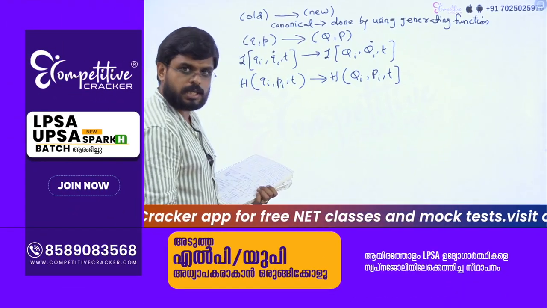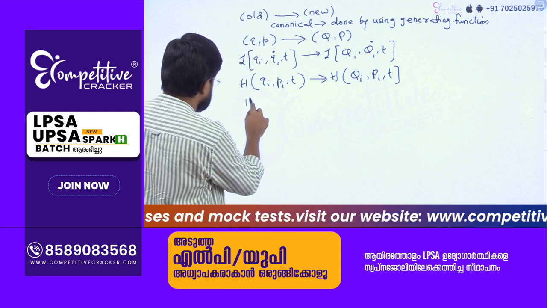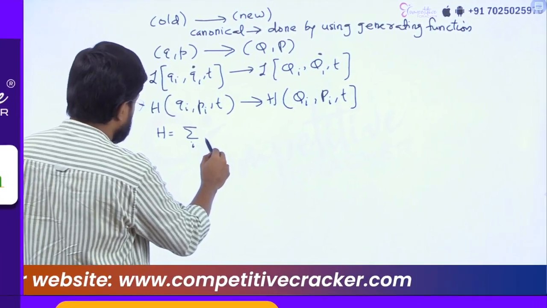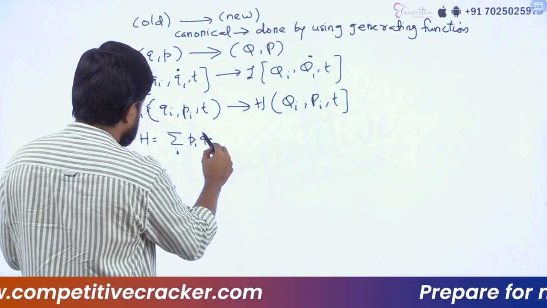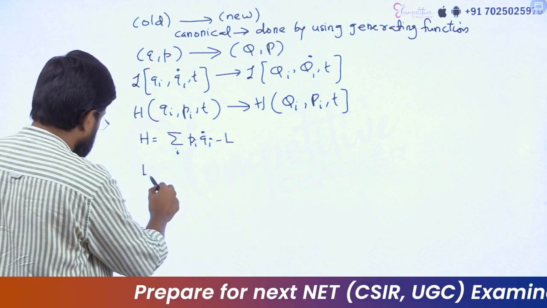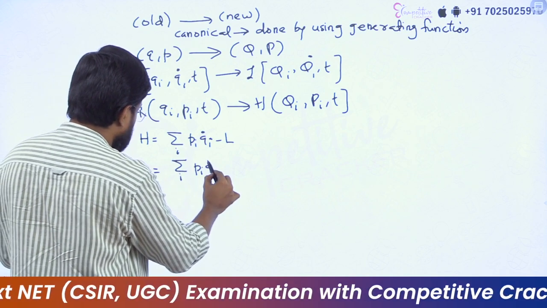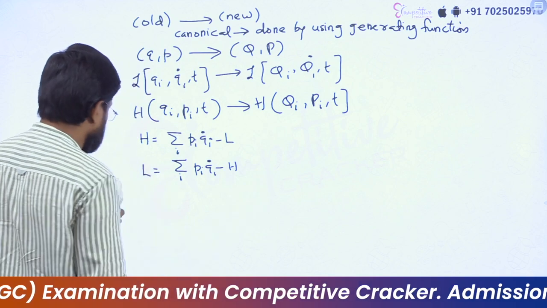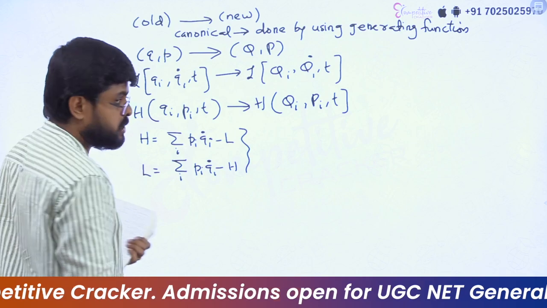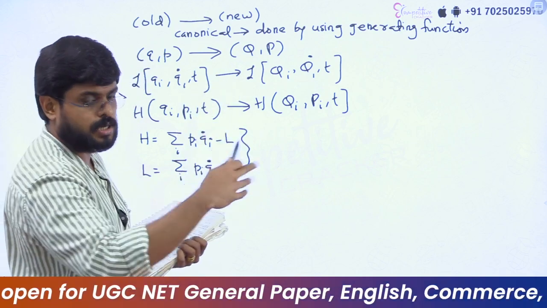Okay, and we know the Hamiltonian in the old coordinate system is found out by summation over i, pi qi dot minus L, or the Lagrangian is given by summation over i, pi qi dot minus H. See, these both are Legendre transformations that you know. Lagrangian and Hamiltonian are related by Legendre transformations.